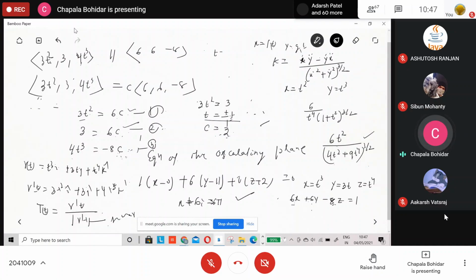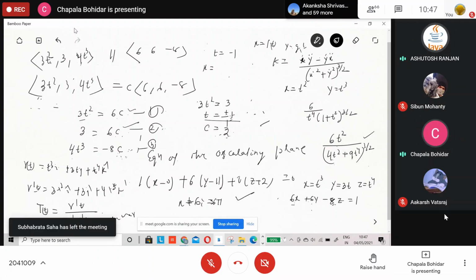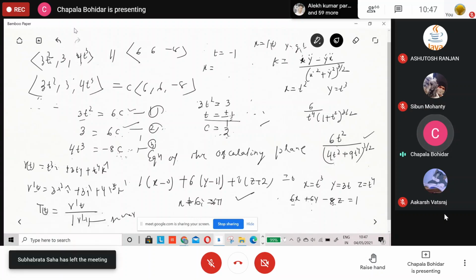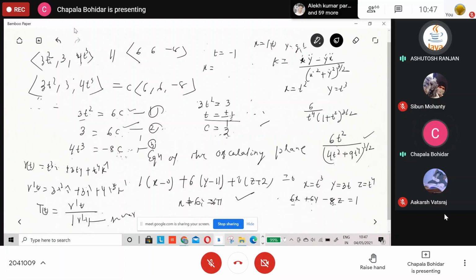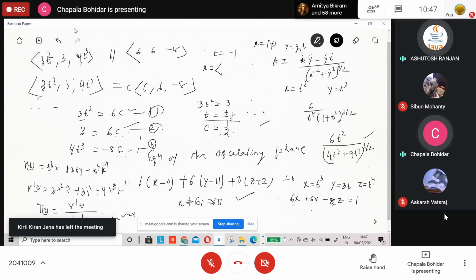So now we get the value of t equal to minus 1. Now the value of x, y, z, tell me. Your question is x(t), y(t), z(t). What is given? t cube is minus 1.